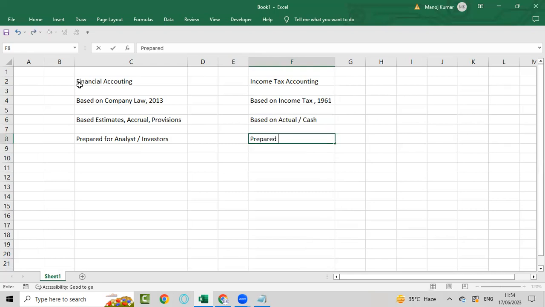This is prepared to file ITR to government.